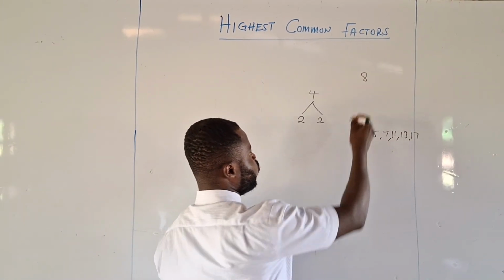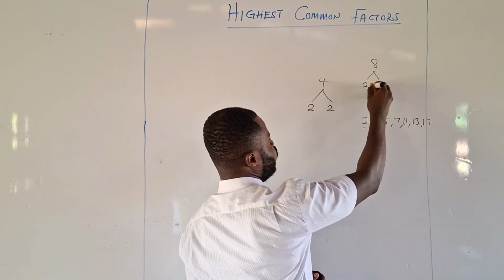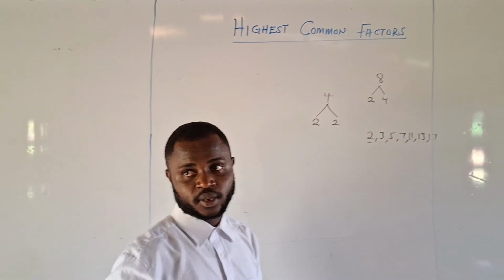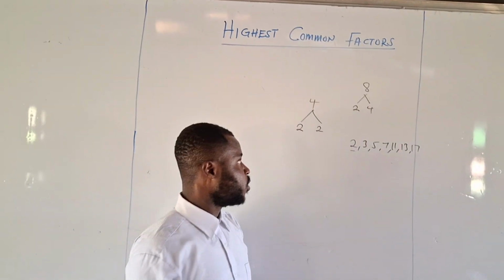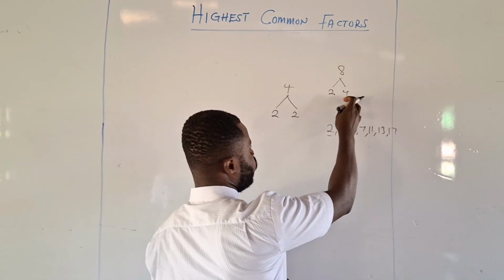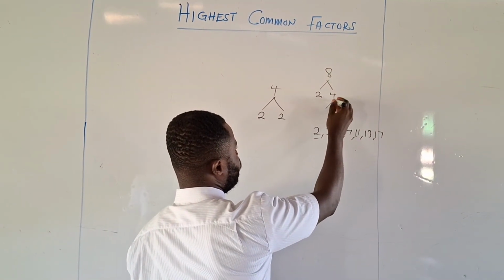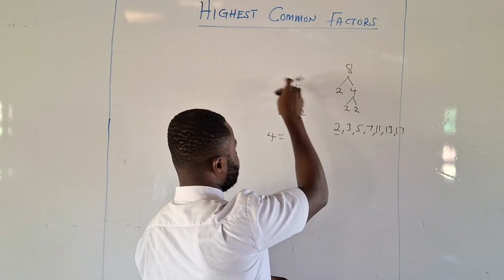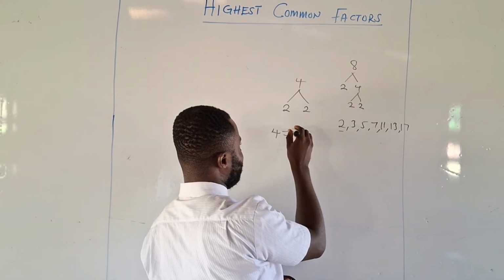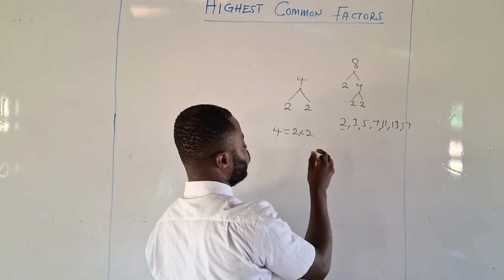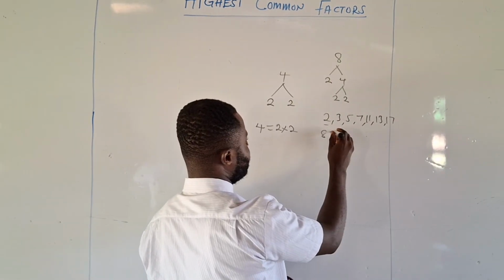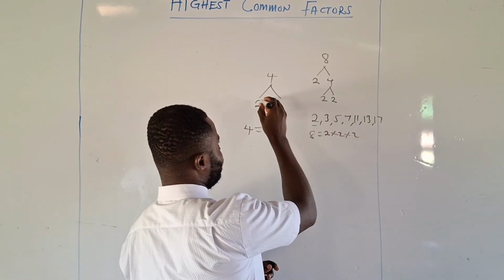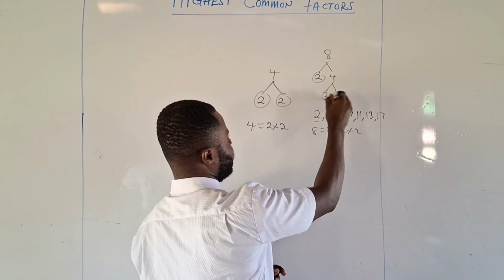So here, because 2 can work, it is 2 and 4. This is a prime number already, so we break down the 4 using 2 and 2. So the prime factors of 4, we have 2 times 2. Then that of 8, we have 2 times 2 times 2. When you are picking, we pick only the prime numbers.